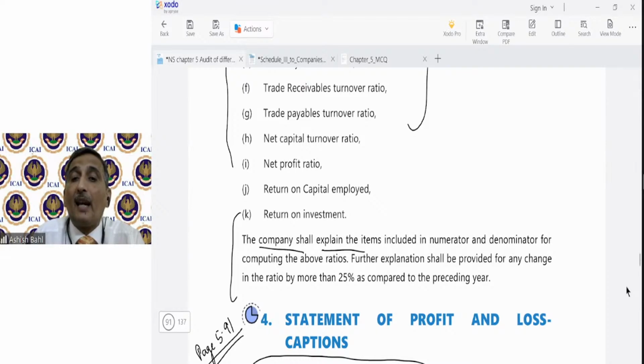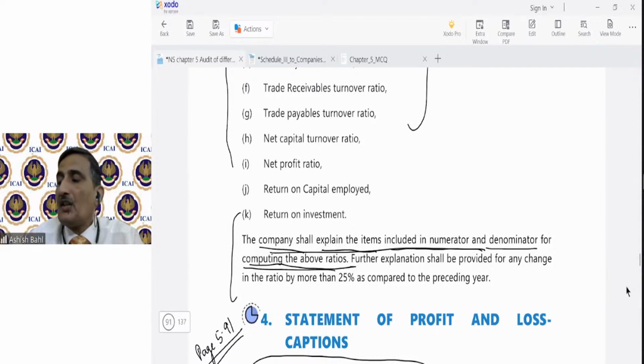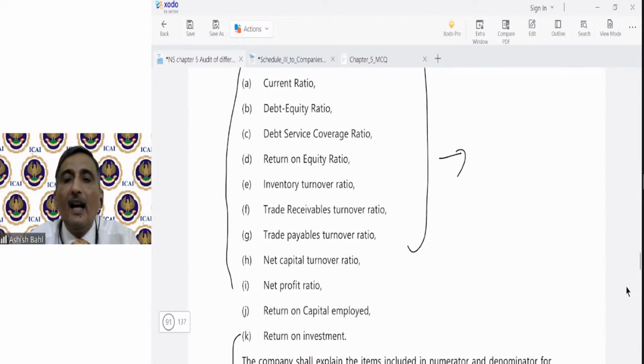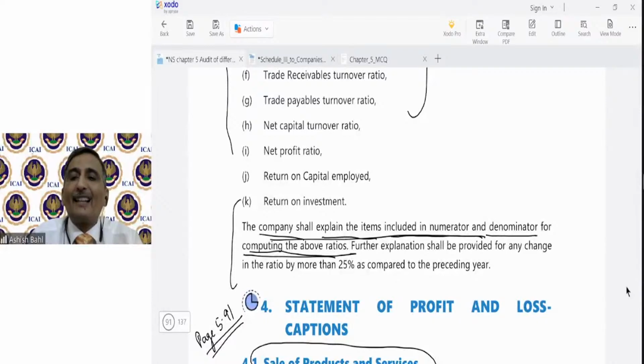That company shall explain the items included in numerator and denominator for computing the above ratios. That company shall state in its financial statement how this ratio is calculated, what is the formula of calculating these ratios. Okay. So what items are there in numerator, what are there in denominator, and further explanation shall be provided for any change in the ratio by more than 25% as compared to the preceding year.